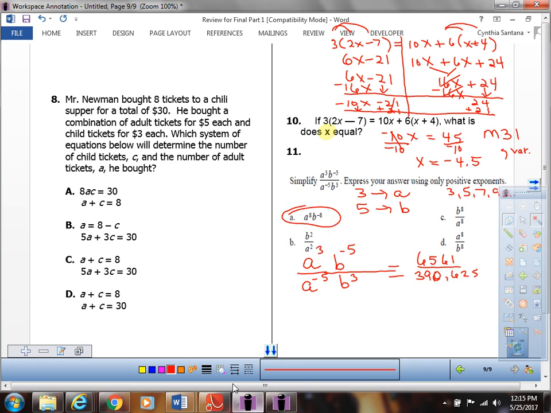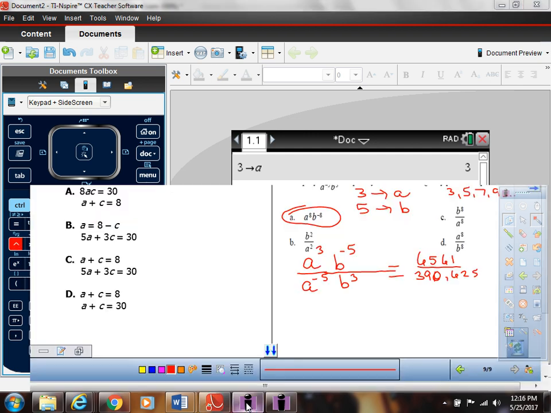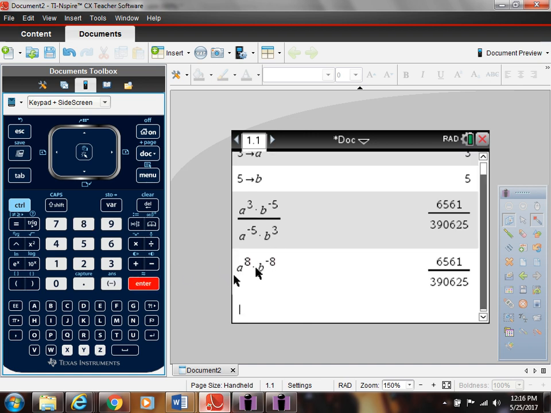If you type in A, I can show you to prove it to you. All you've got to do is type it in. It was A to the what? 8. So A to the 8th power, and then times B to the negative 8. You do have to put a times symbol on that one. That's another thing about store: you've got to remember little things like the multiplication sign.